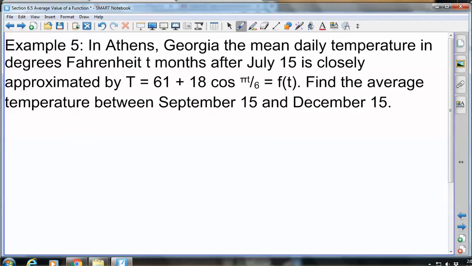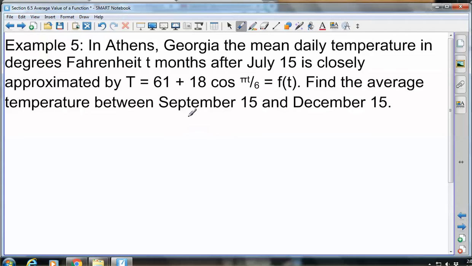Let's look at an uglier one. In Athens, Georgia, the mean daily temperature in degrees Fahrenheit t months after July 15th is closely approximated by this equation: 61 plus 18 cosine of pi t over 6. Find the average temperature between September 15th and December 15th.